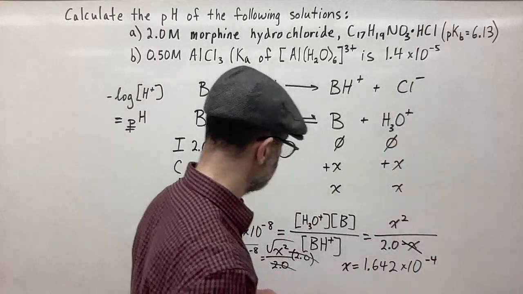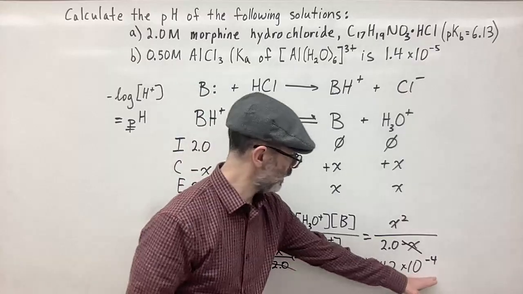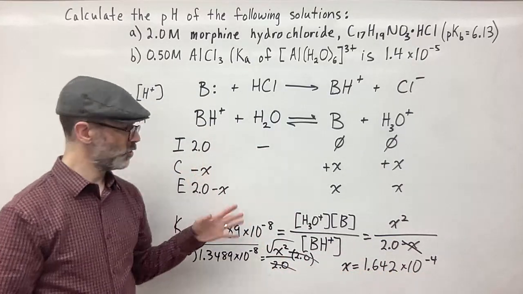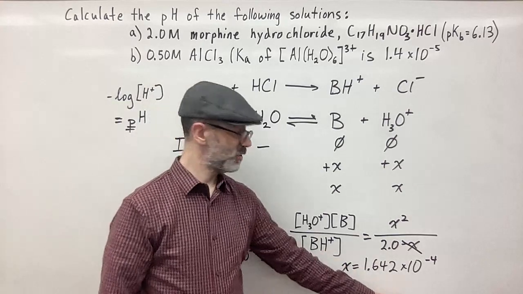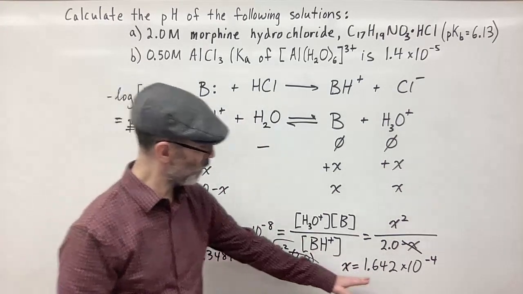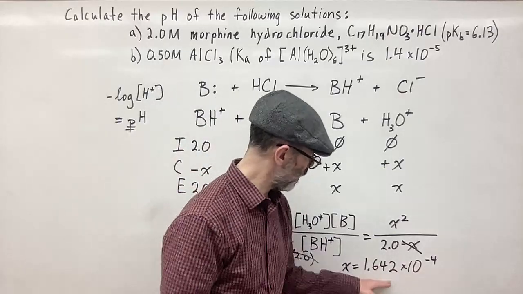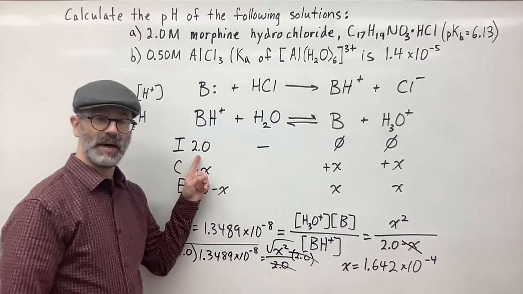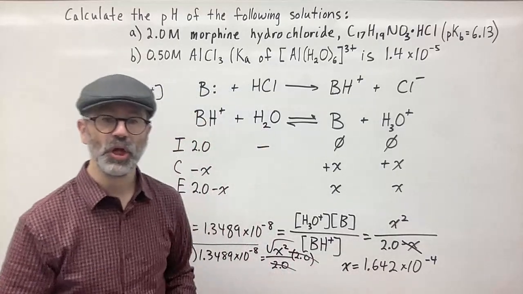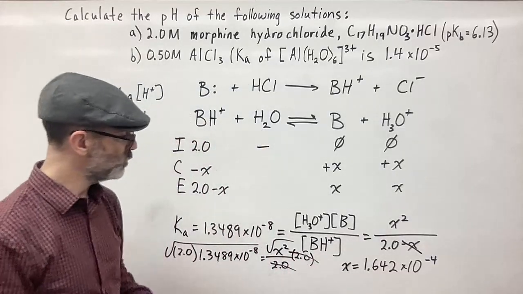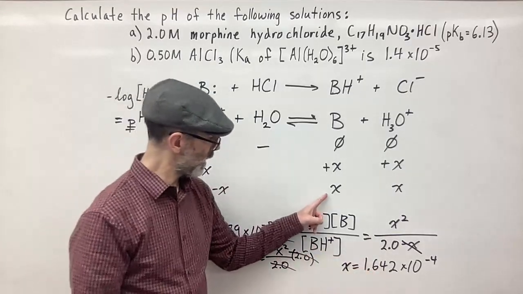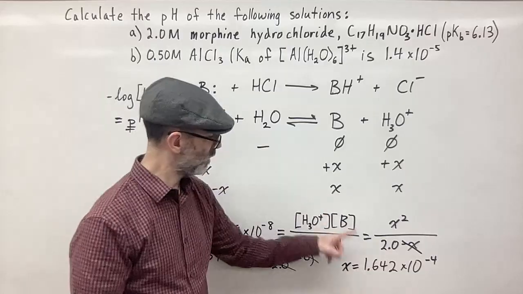Okay. So as you can see, this is a very small number compared to 2. So this is definitely going to pass the 5% rule. But you can do the calculation by taking X, dividing it by 2, multiplied by 100, and you'll see that it is definitely below 5%.